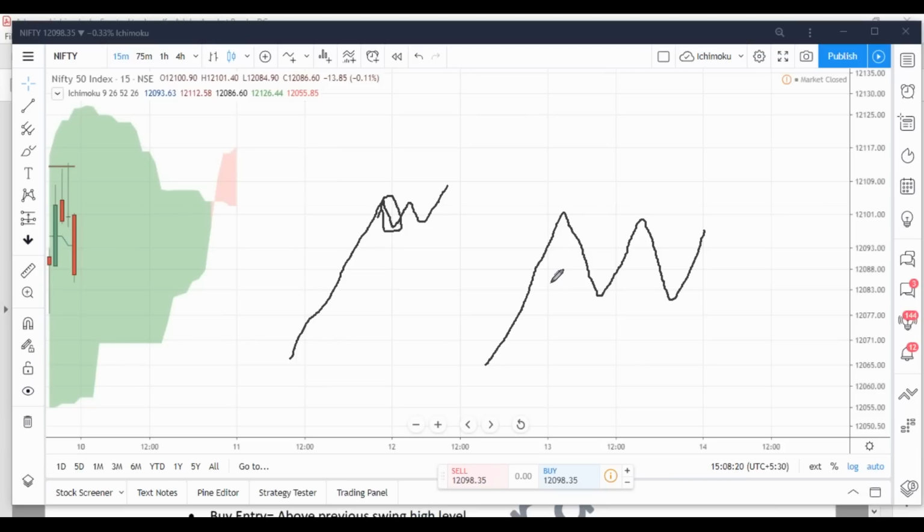Whereas in the second chart, this is also in an uptrend, but one can observe the amount of retracement is quite high. See the amount of retracement here and here. So out of the two, this stock is showing a tremendous amount of strength.